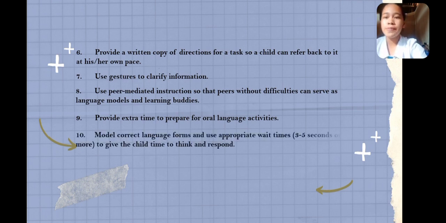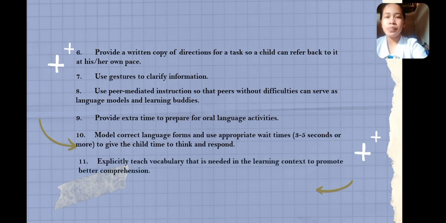Next, model correct language forms and use appropriate wait times, just like 3 to 5 seconds or more, to give the child time to think and respond. Lastly, explicitly teach vocabulary that is needed in the learning context to promote better comprehension.